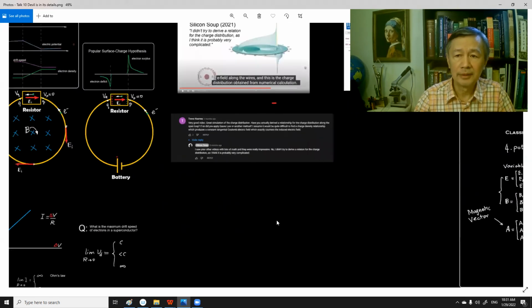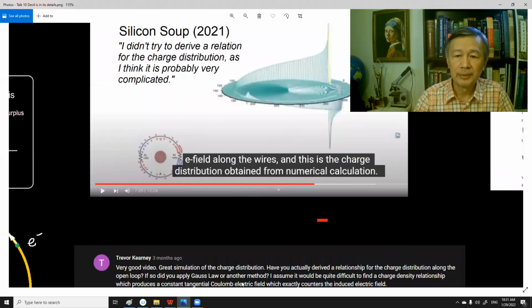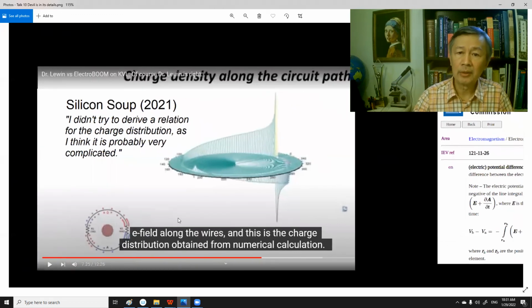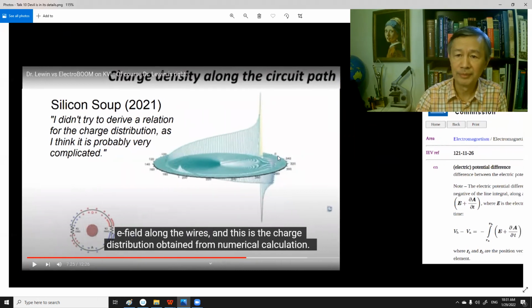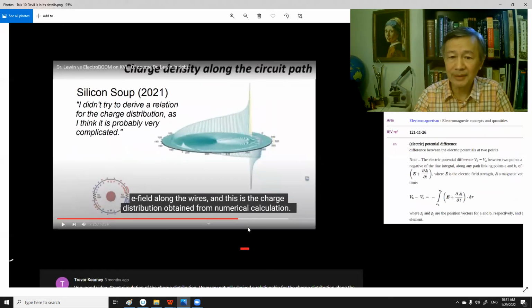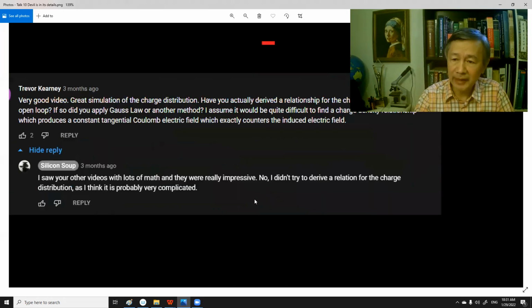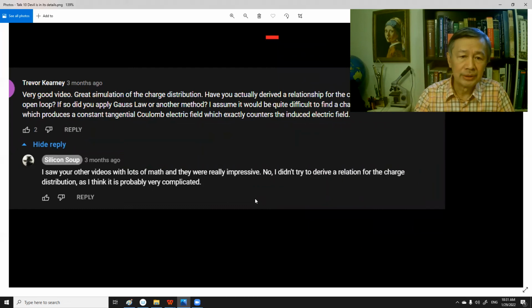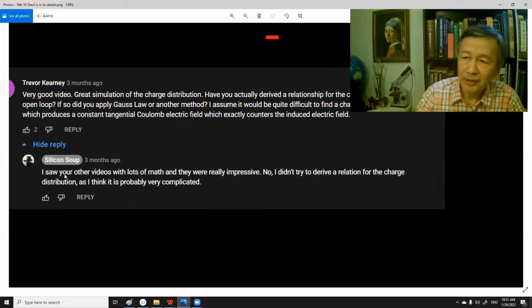This is one example in which the charge density along the circular loop is generated by a computer program. It looks real because it is done using a computer. However, no physical explanation can be found, as admitted by this author, who actually has no idea how to derive it.